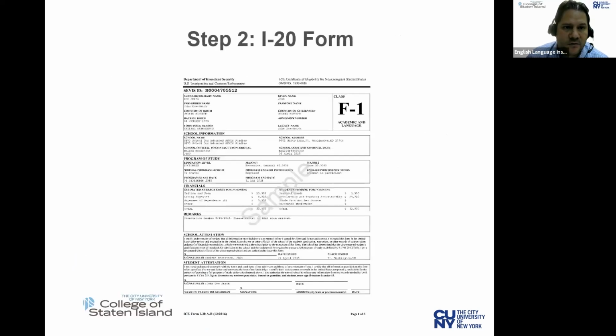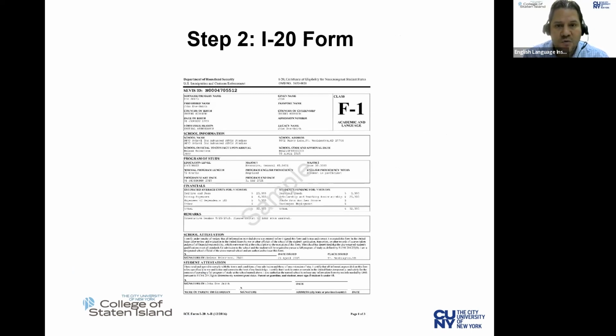So let's go with the next one. That's the second step. As we said, the second step would be the I-20. After you send all those documents and fees, the school starts to process the documentation and then approves or pre-accepts the student.